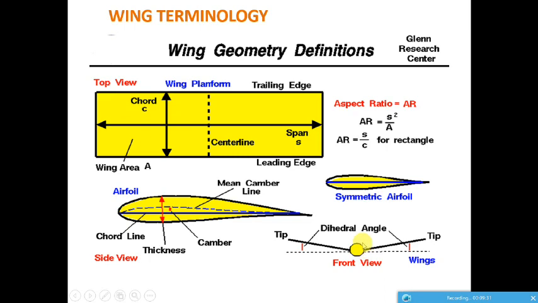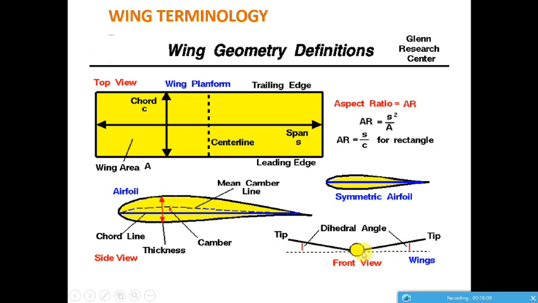This is the dihedral angle. Dihedral or anhedral angle is the angle at which the wing tip rises either up or down from the horizontal line. The wing is said to have a dihedral angle if the wing tip points up above the horizontal line.